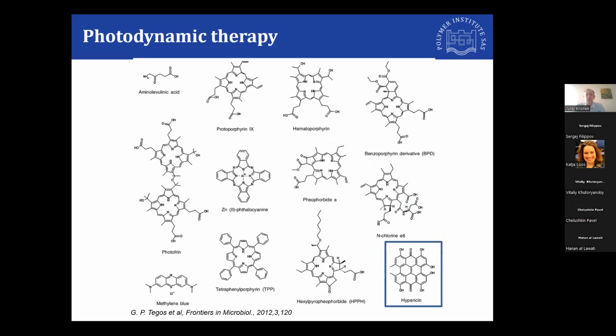Recently, a number of photosensitizers are possible to use, mostly based on porphyrins and phthalocyanines. Here you can see one unique molecule called hypericin.